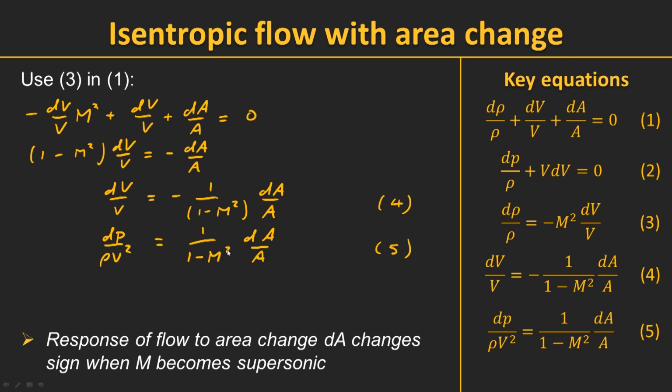So that means we're going to get different responses of the flow depending on whether the flow is subsonic or supersonic. And this is what leads to some of those counterintuitive results that we get for compressible flow. So in the next unit, what we're going to do is go through how these relations affect what a nozzle does.